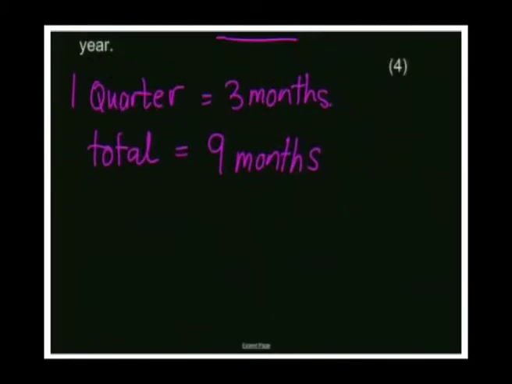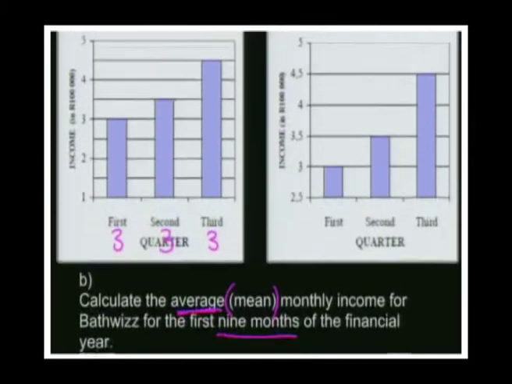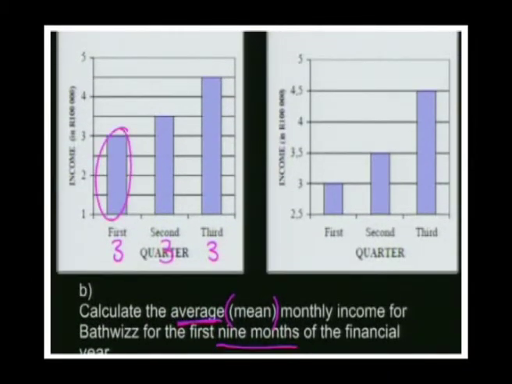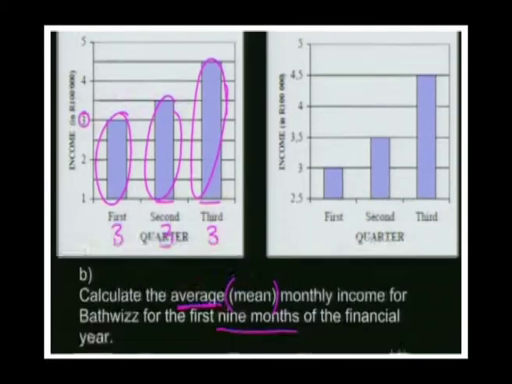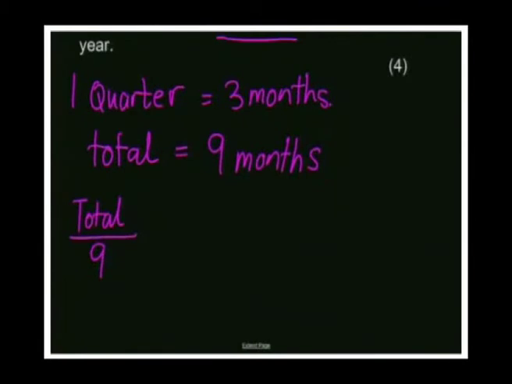We need to find our total and divide it by the number of months that it's spread over. So even though our income is given in quarters, we know that this income is for a 3-month period, and this income over here is for a 3-month period. So we need to work out this. Is that 3 rand? No, it is 300,000 rand.